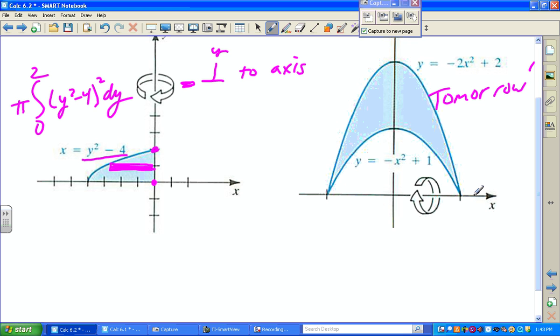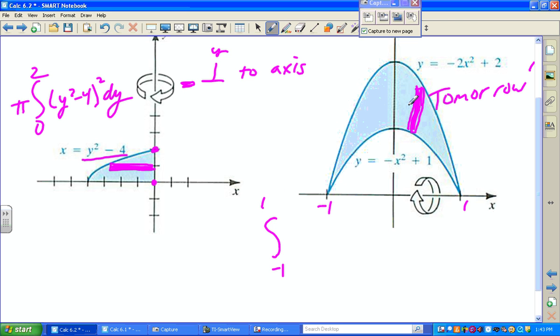Okay? Does anybody see a potential problem with this one? Well, sort of. But this, my rectangle, it doesn't go all the way to the axis, does it? I think we're just going to worry about going to the axis right now. I like that. What number was that one? That was number 2. Can't we just do the whole thing and then subtract the... You could. Yeah, you can go from, what number is this? Negative 1 to 1?